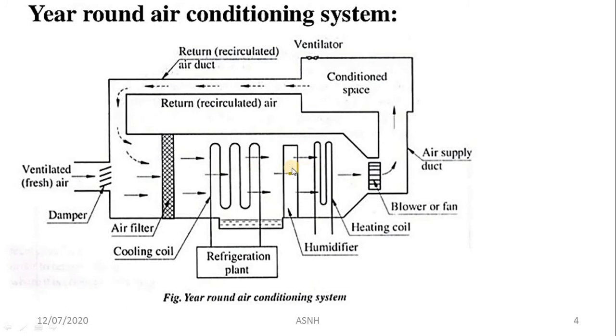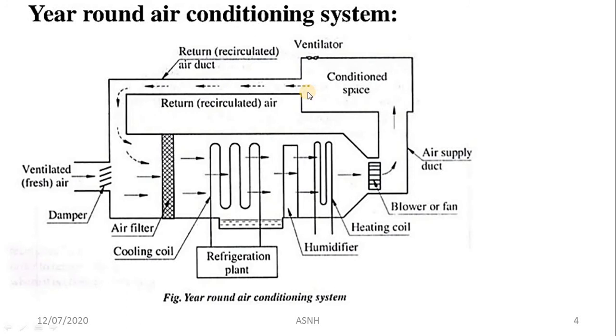The main function of the humidifier is to humidify the air, and after passing through the heating coil the air gets heated, and that heated, conditioned air enters the conditioned space through the blower or fan arrangement. So our main intention of heating the air during the winter season is achieved.